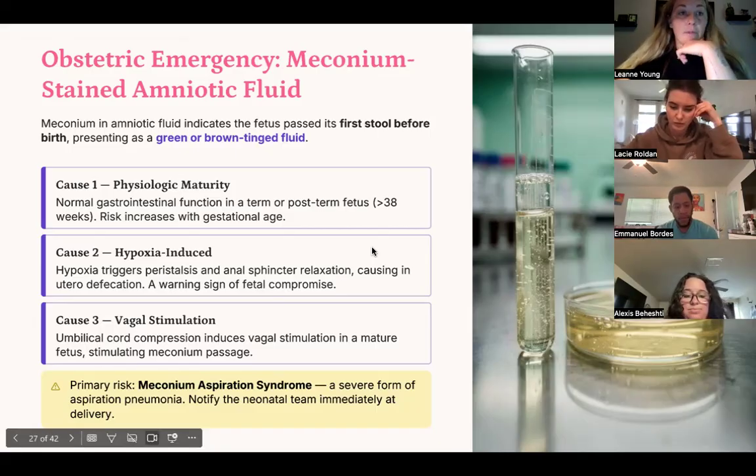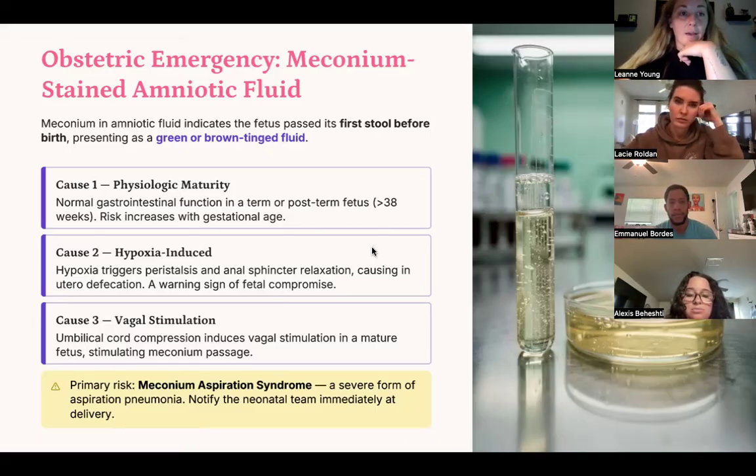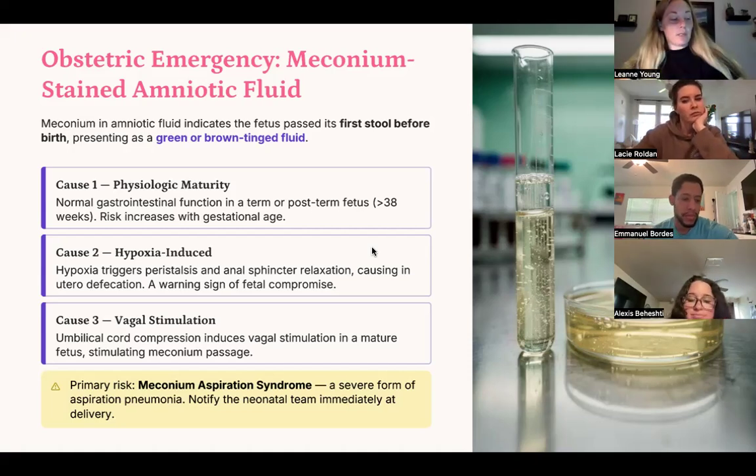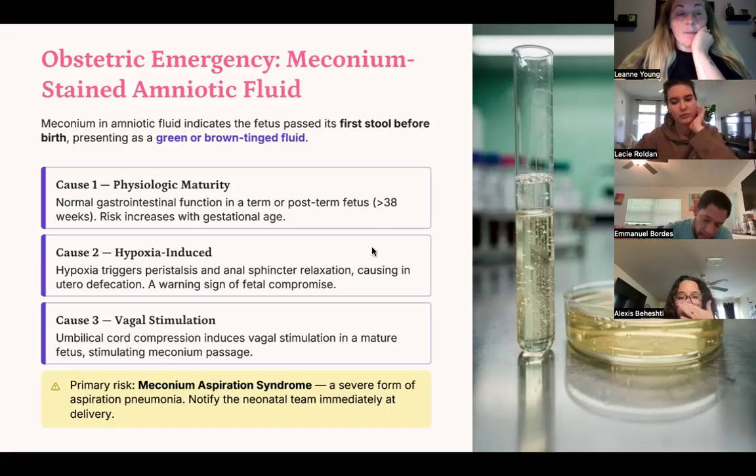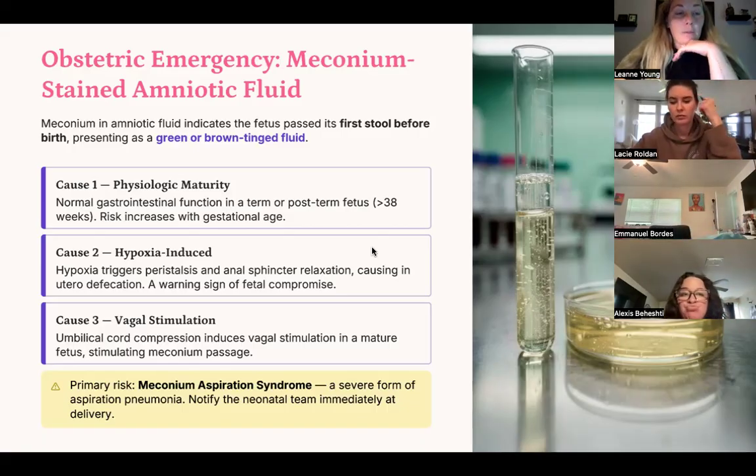So this is a type of pneumonia that babies can have following delivery. All right. So from a bedside nurse standpoint, if you see meconium stained amniotic fluid, you need to make sure you have a NICU team at the bedside when the baby is delivered. Okay. Have the appropriate personnel and providers at the bedside so that we can provide quick care for these infants.